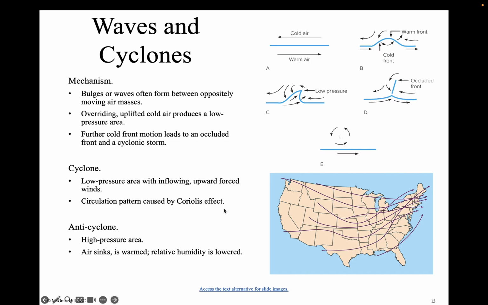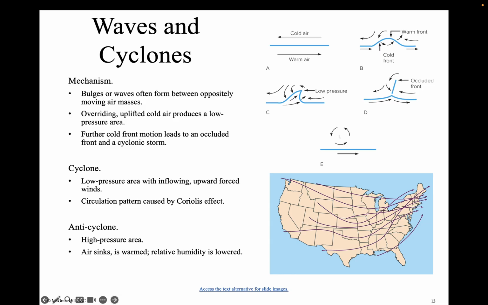So in the northern hemisphere, the air will spiral counterclockwise, and in the southern hemisphere, the air will spiral clockwise, okay? So as the air is moving towards the low pressure center, it doesn't move in a straight line, it spirals, either counterclockwise in the northern hemisphere, or clockwise in the southern hemisphere.